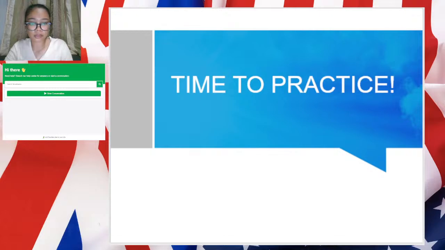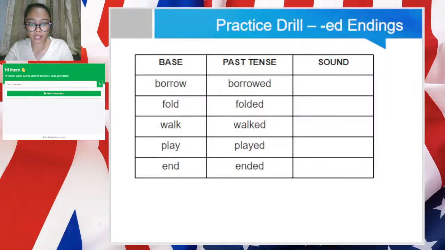Now let's have a practice drill. What we have here is a table. In this table, I will be reading the words, especially focusing on the past tense, because that's the most important part. Those are the words that already have the suffix ed, which is our focus here. In the table, I provided the base and its corresponding past tense.